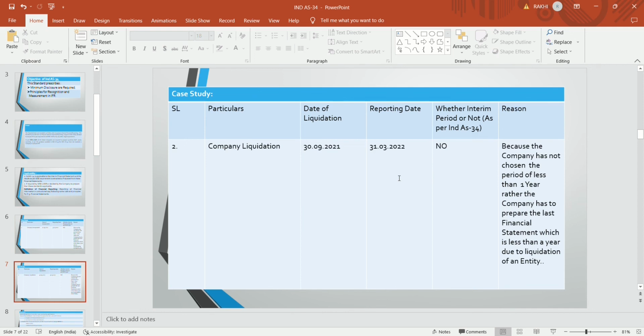And in case of consolidation, suppose the parent company is a listed company and its subsidiary gets delisted, then the subsidiary is not required to prepare an interim financial statement. But if the parent company requires it to submit interim financial statements for consolidation purposes, then the subsidiary has to prepare interim financial statements for consolidation.